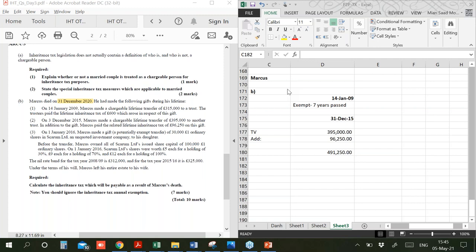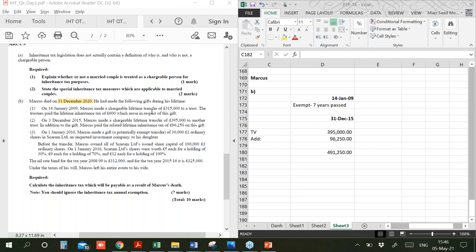Yes, Sally, you're right. The 2009 one. The transfer that was made in 2009 used the nil rate band. Now, the question is, how much would it have used? Its value was 315.